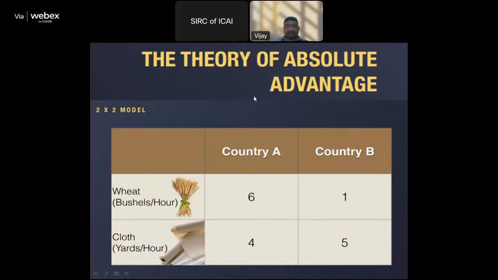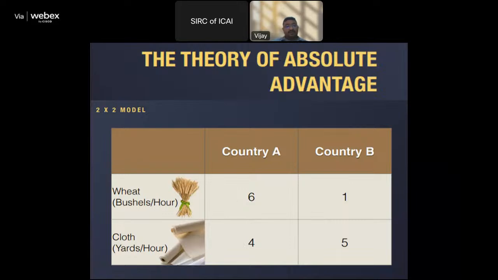Here, country A can produce 6 bushels of wheat per hour, and country B can produce 1 bushel per hour. For cloth, country A can produce 4 yards, and country B can produce 5 yards per hour. So country A has the advantage in wheat, whereas for country B, wheat is a disadvantage.